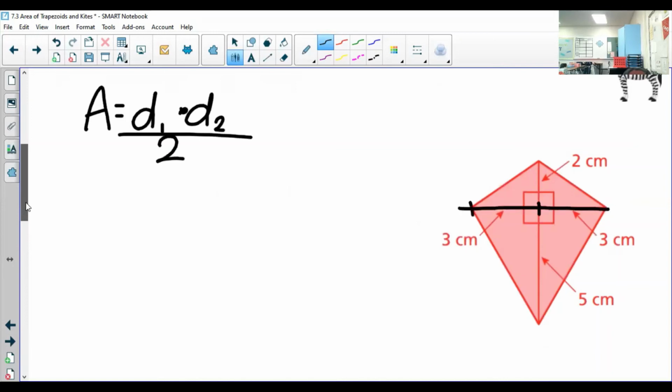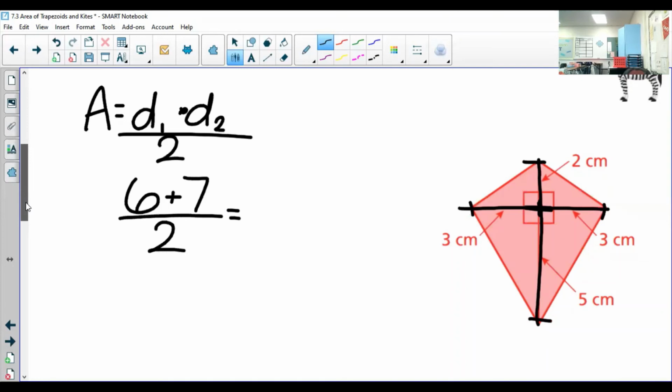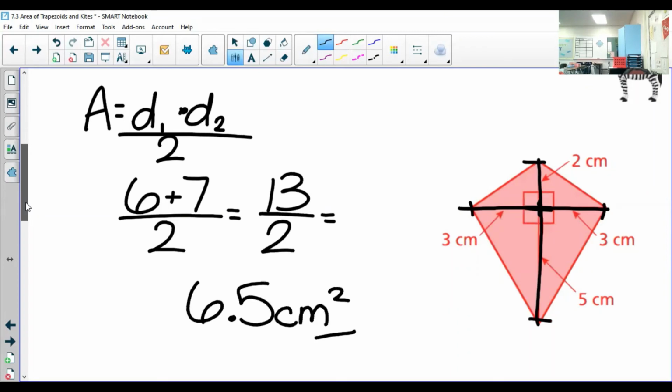I've got 3 centimeters plus 3 centimeters. 3 plus 3 is 6, and this diagonal is 2 plus 5. 2 plus 5 is 7, and we're going to multiply those, 6 times 7 is 42, and divide by 2. 42 divided by 2 is 21 centimeters squared.